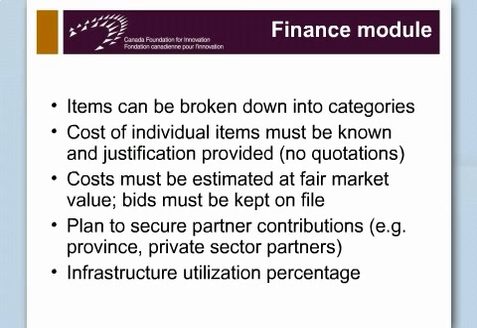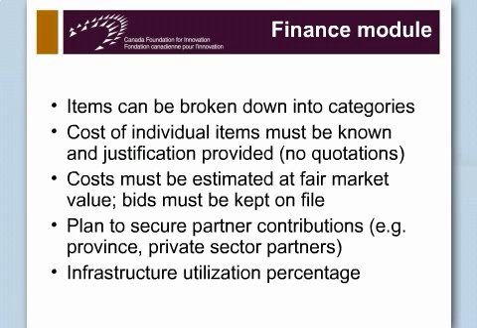You don't supply us with quotations, but you must have them on file. So right now, as you prepare your applications, you should either ask for quotations or have definite knowledge of the price of the items you want to purchase.